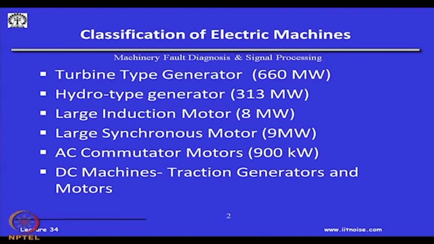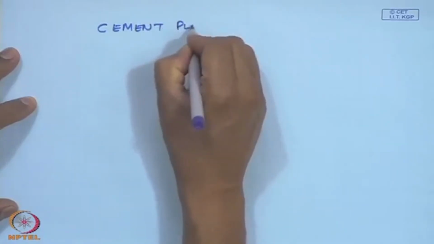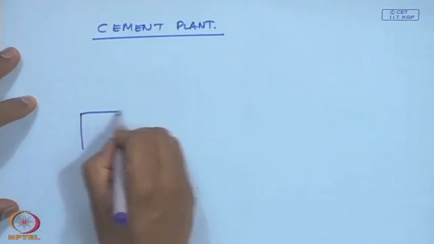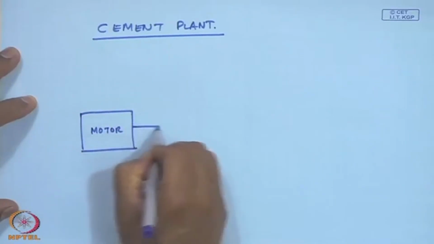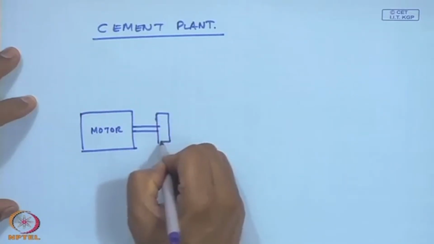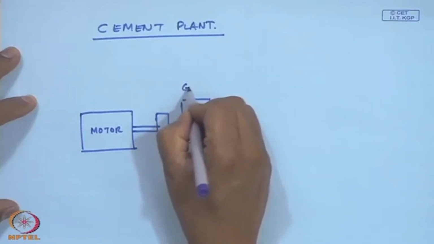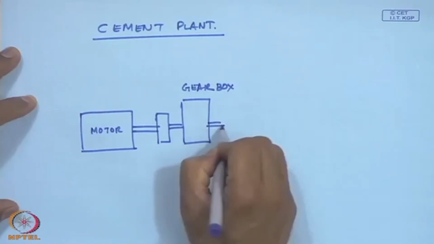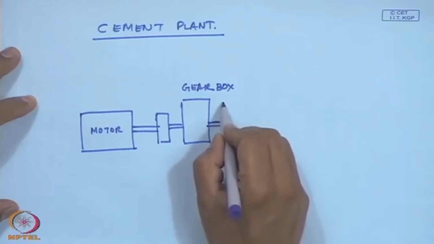For example, just to begin with, if I give you an example of a cement plant, essentially we have a motor, through a coupling, it drives a gearbox, and then to this gear there is a large kiln.